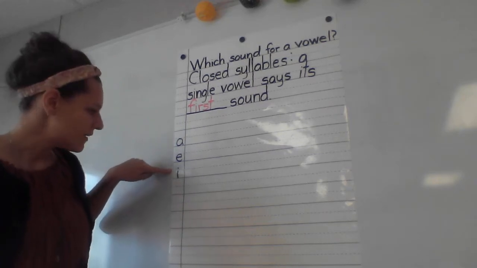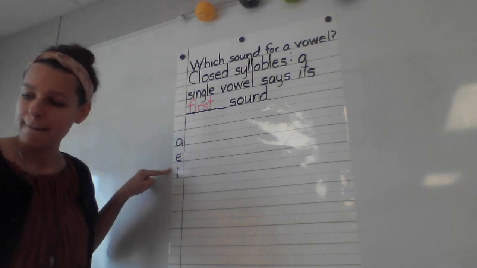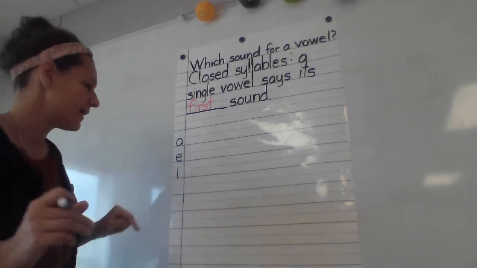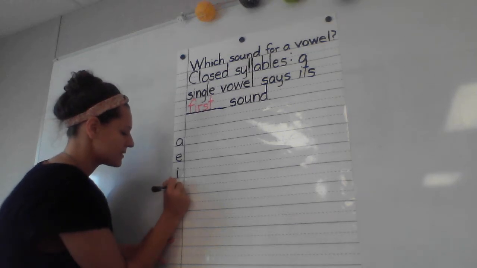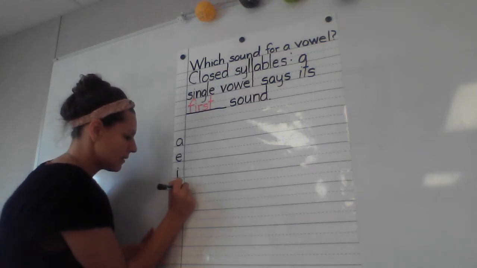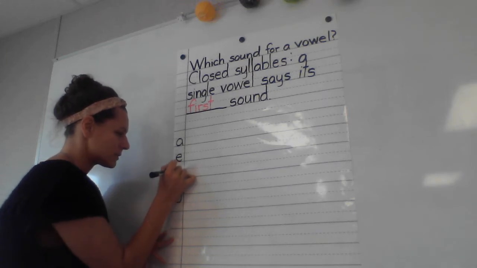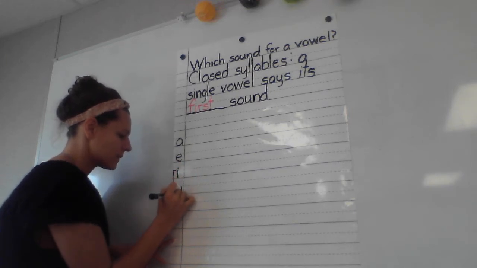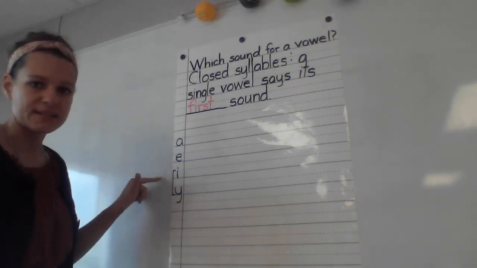What other phonogram makes the same vowel sounds as i-e? Good, it's y, i-e. We usually put these together on our charts because they make the same vowel sounds. That's what our little bracket reminds us of.